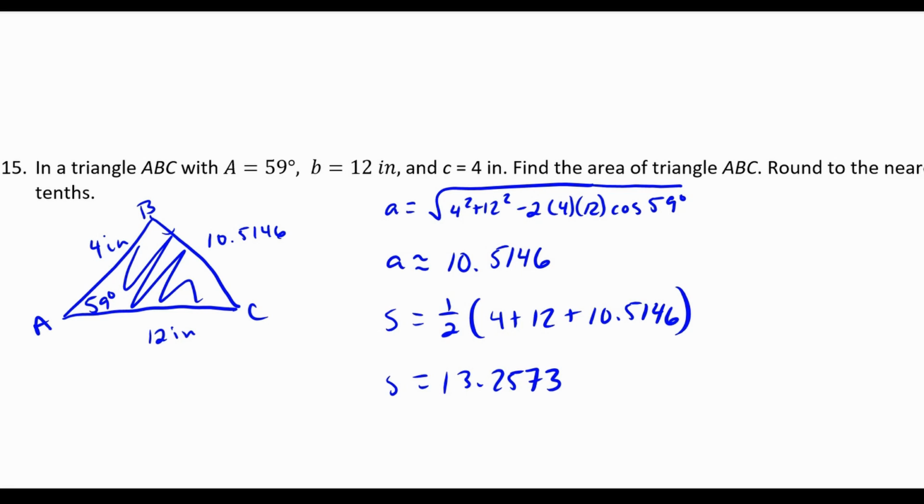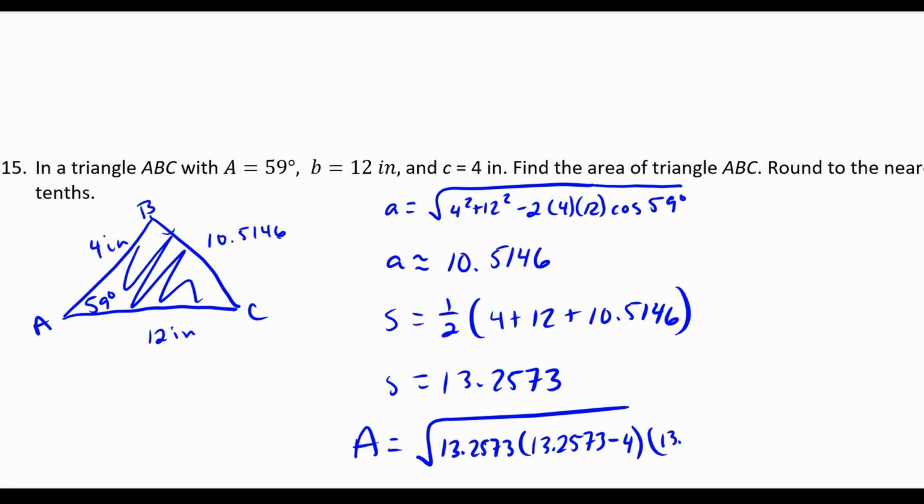Actually, no, I'll write it out. So the area is going to be equal to the square root of 13.2573 times 13.2573 minus the first side, which is 4, then 13.2573 minus the next side, which is 12, and then 13.2573 minus 10.5146.